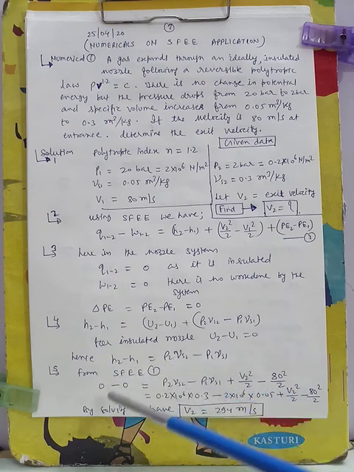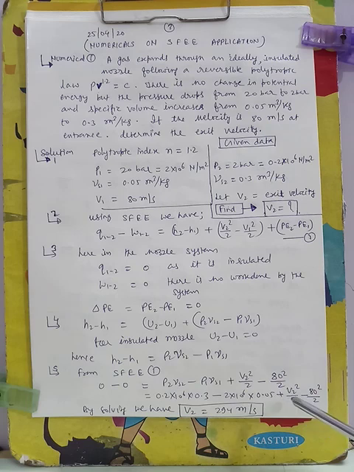When we solve this by separating V2 on one side and solving this equation, we get V2 is equal to 294 meter per second. So in this way we can find out the velocity at the exit of the working fluid by using the steady flow energy equation.